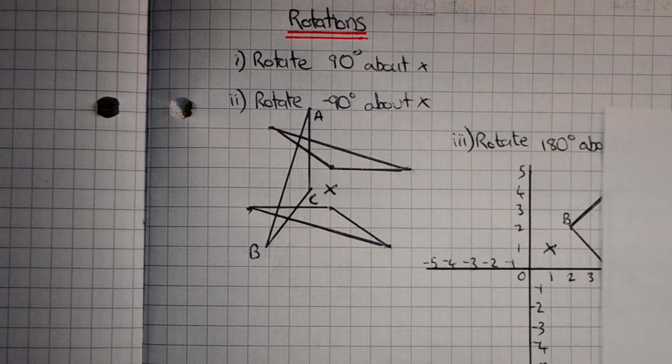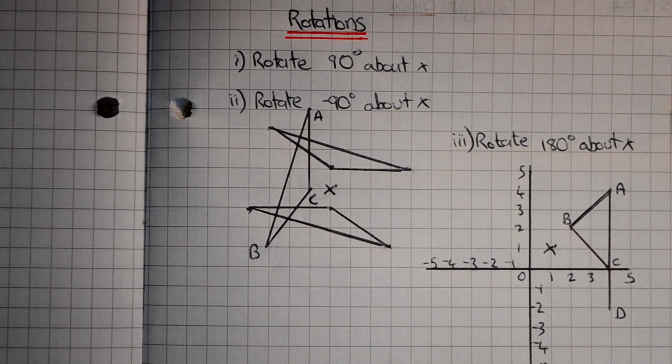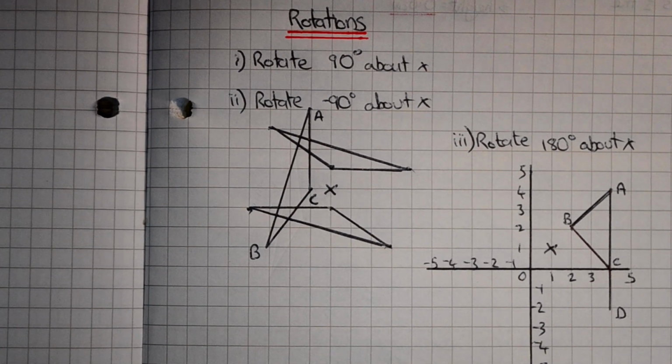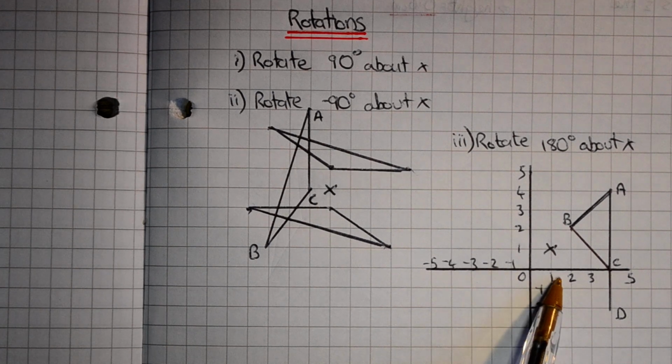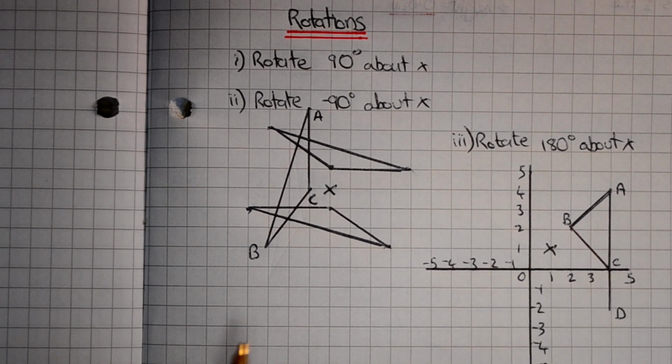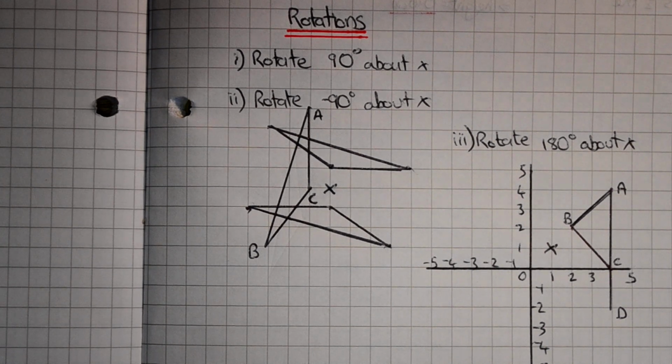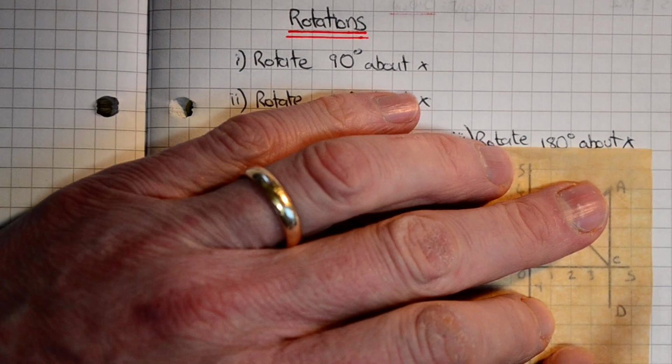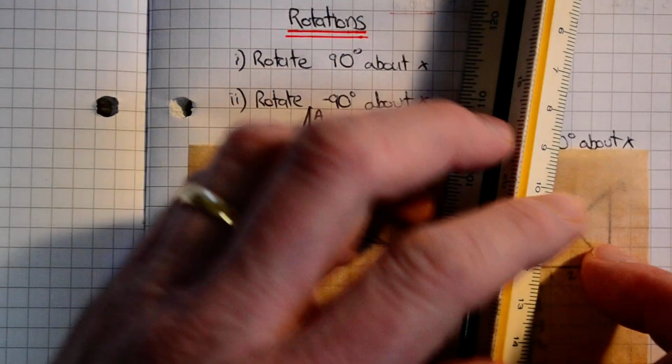Let's have a look at another example. This time we've got it on a grid. So we've got two axes drawn, and we've got the centre of rotation here marked with an X again at the position 1, 1. So again, we're using tracing paper. I'll trace over our shape.